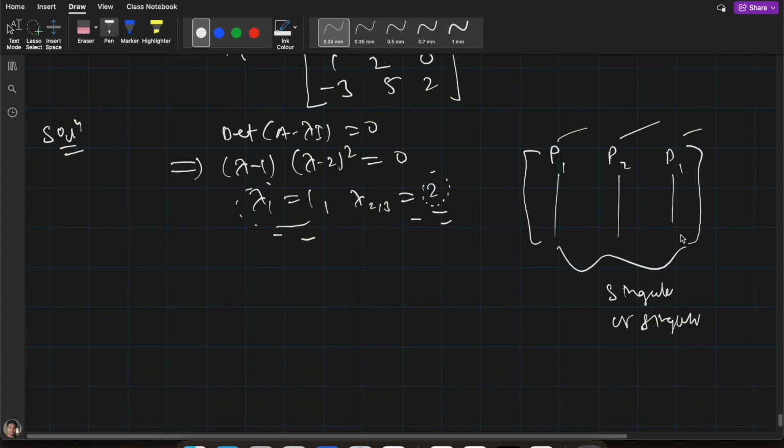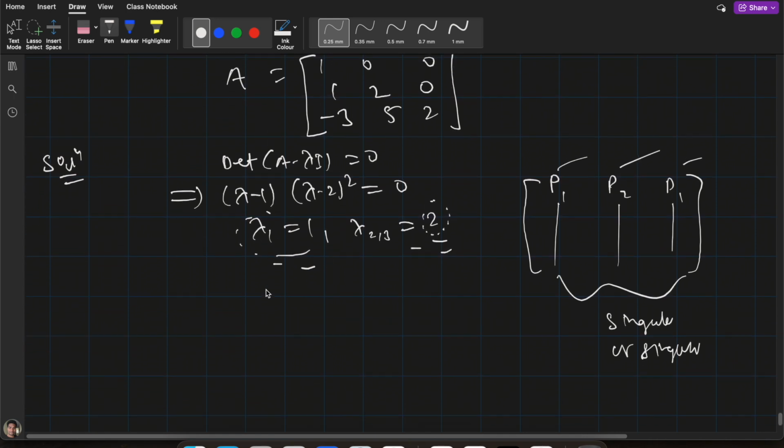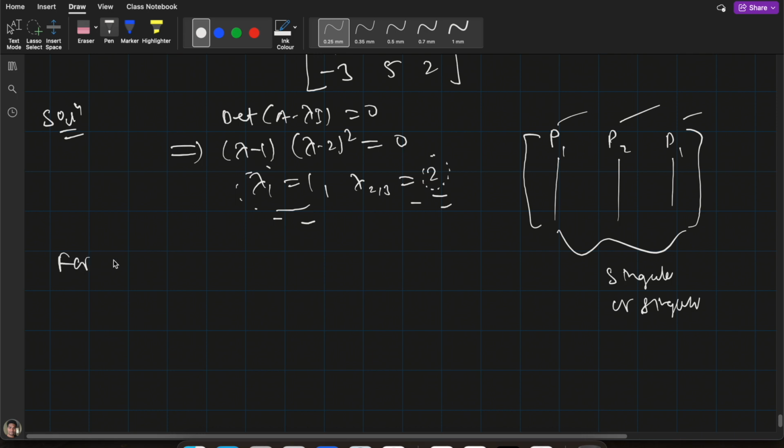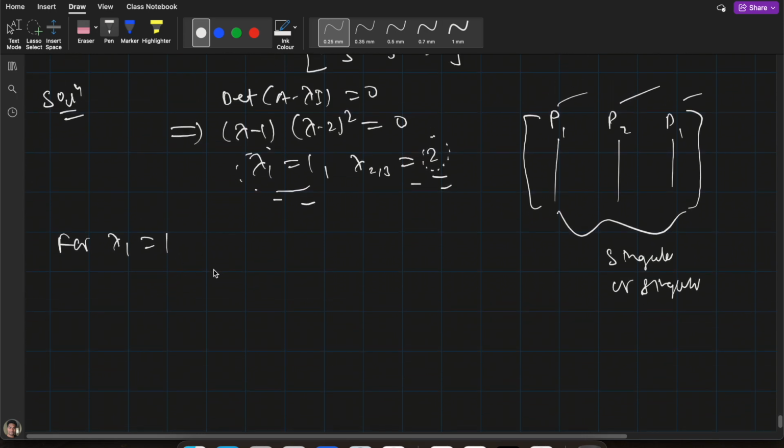Okay, let me explain. Here the eigenvalues are repeating. So for lambda 1 equal to 1, A minus lambda 1 I x equal to 0.